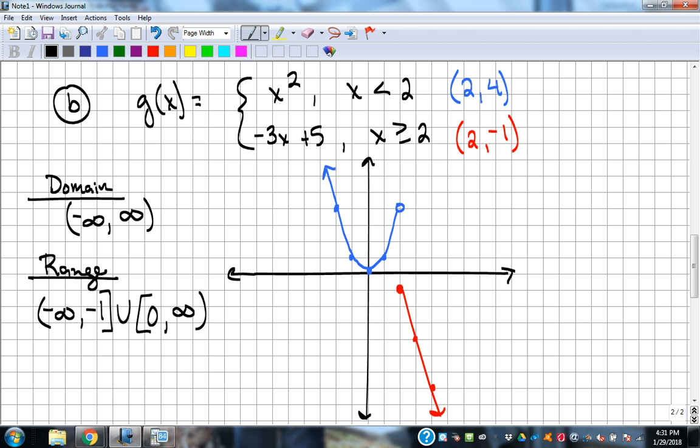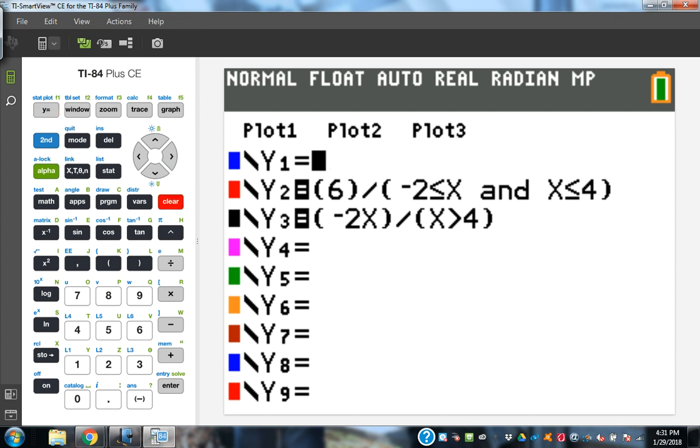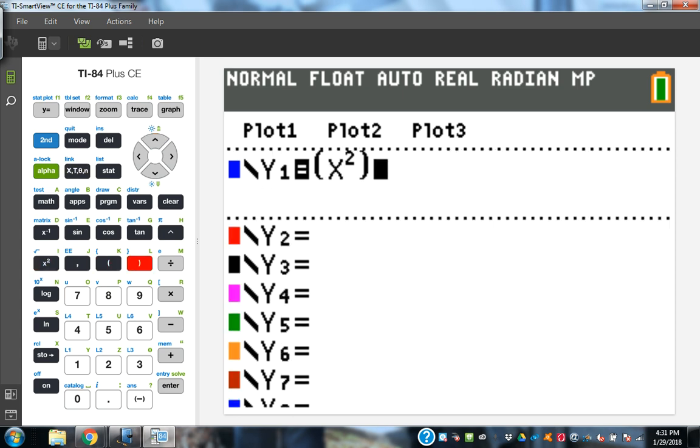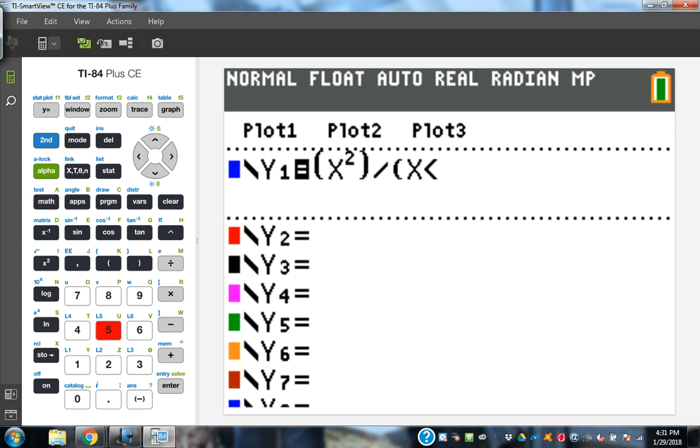Let's run through graphing that on the calculator real quick, because the graph on the calculator can help you find that range if that's all they're asking for. So graphing calculator, I'm going to clear out this stuff. We got x squared divided by, and then we're doing x is less than 2. X, second math, less than is choice 5, 2.